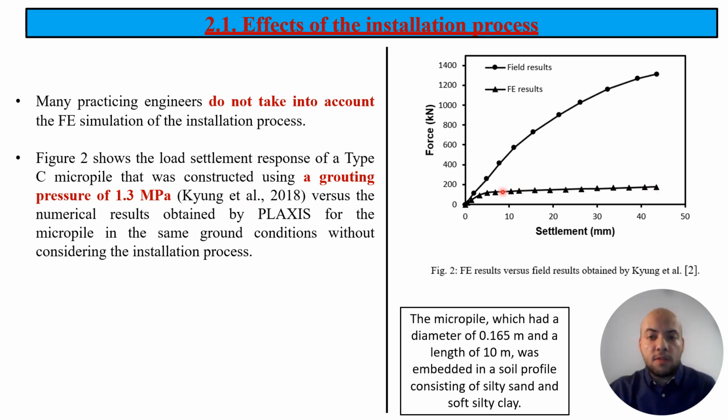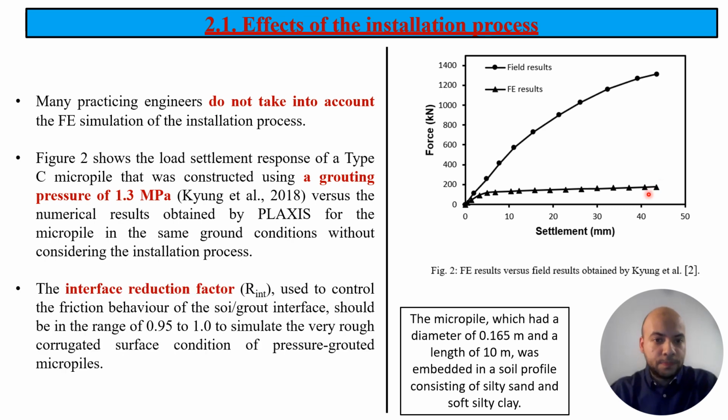And you can see here these are the predicted values obtained from Plaxis in case of neglecting the installation process. So here you can see if you neglect the installation process, there will be a large gap between the measured values and the predicted values using finite element software.